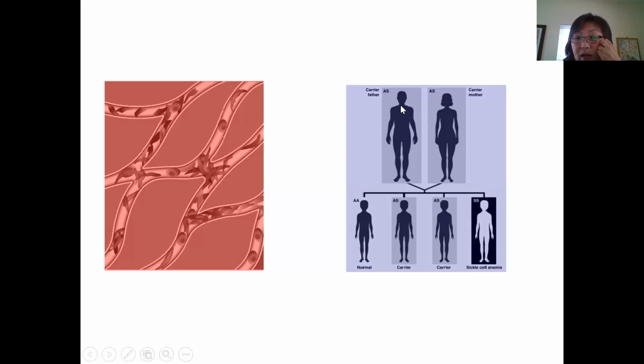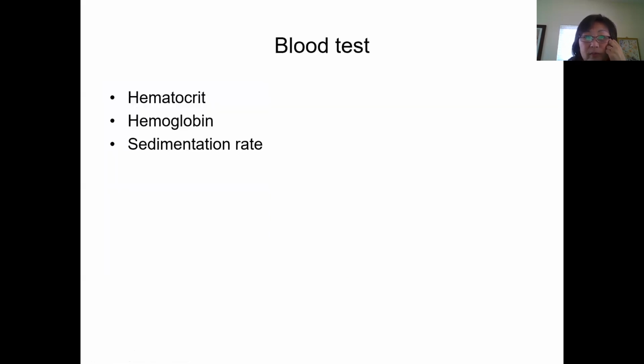But when the abnormal gene from the father combines with the abnormal gene from the mother, then you have two recessive genes together, and this child will have sickle cell anemia. Okay, so this is a genetic problem.